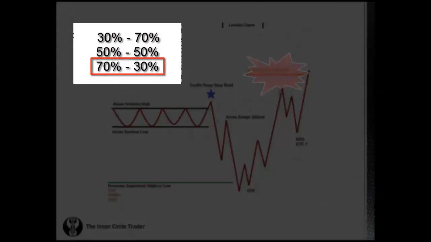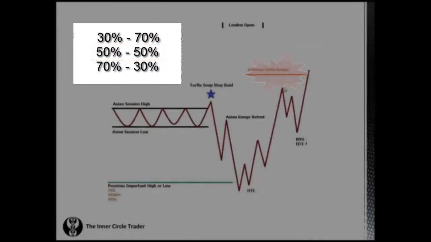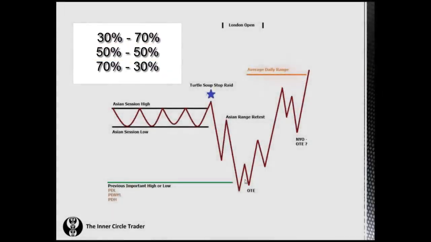Okay, if I'm trading with the higher premise in mind, I'm taking 30% off here and leaving 70% on, reaching for the average daily range or higher. Okay, if I'm just really not sure, I'm not comfortable, I'll take 50% off of the trade here and leave 50% of the initial entry on long, but my stop loss stays down here at break even.